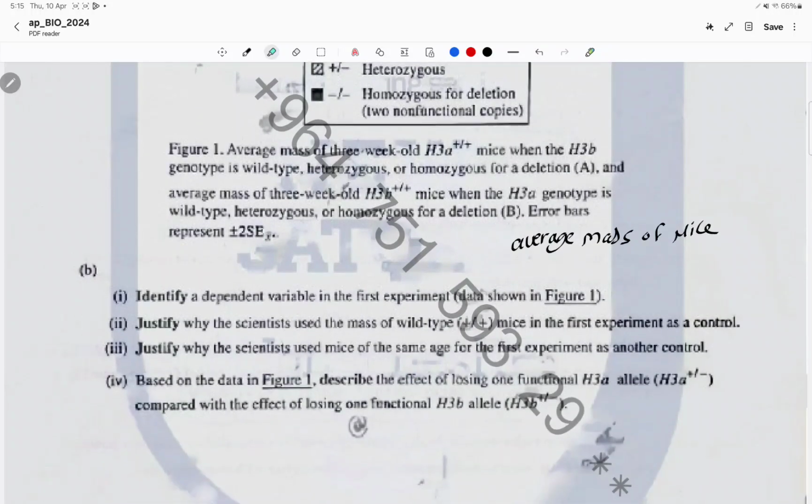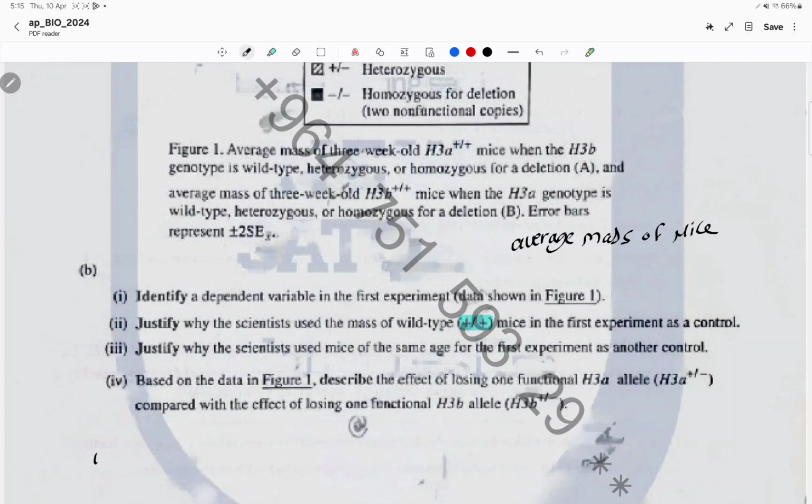So the question says justify why the scientists used the mass of wild type plus as a control. Well, you want to compare the effects, right?